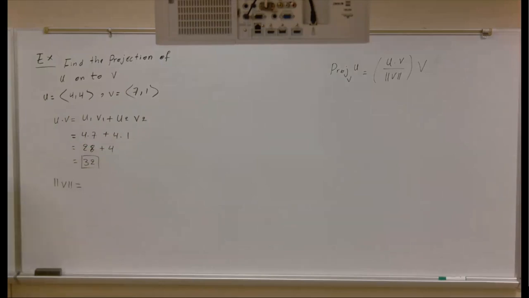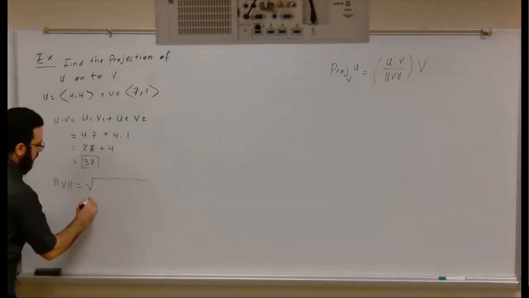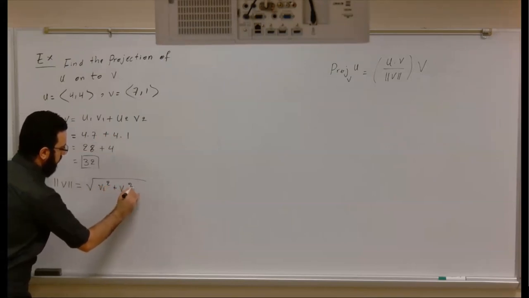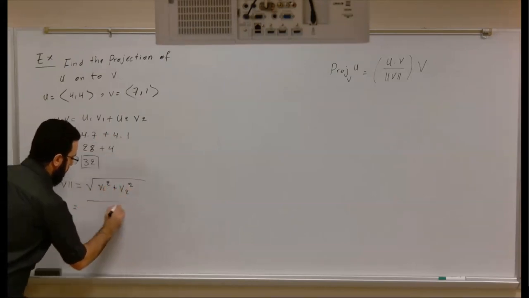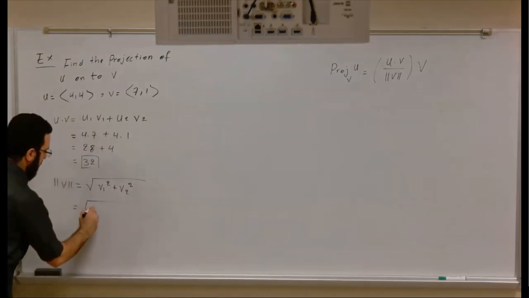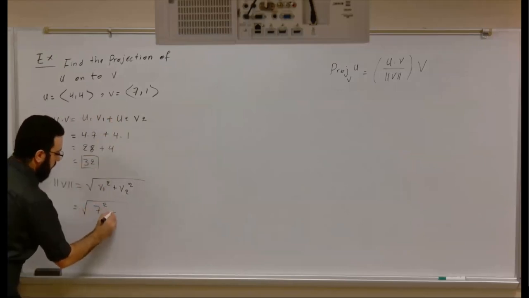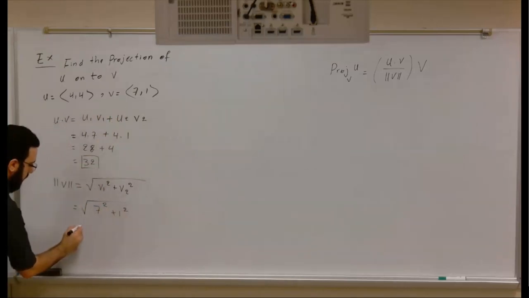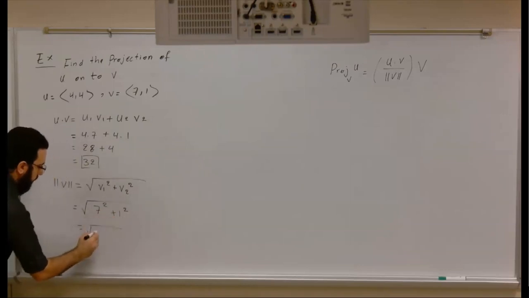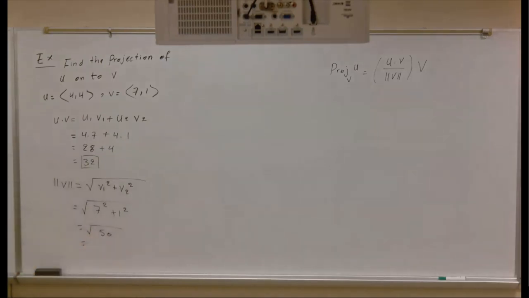Let's use the square root of V1 squared plus V2 squared: the square root of 7 squared plus 1 squared, so the square root of 49 plus 1, which is 50.